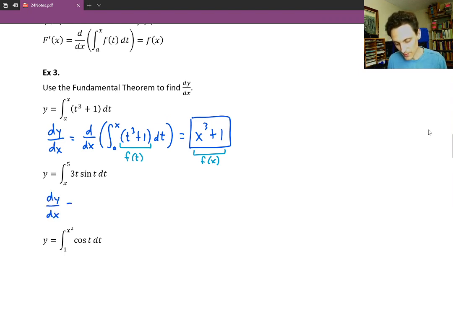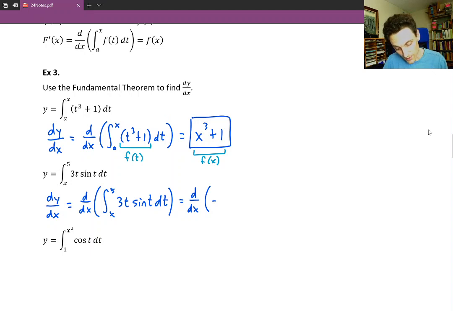So what we can do is write dy dx, which is the derivative of the integral from x to 5 of 3t sine t dt. Again, we can't use the Fundamental Theorem of Calculus just yet, but we can use it after we flip the limits of integration, 5 to x, and then flip the sign. But instead of putting the negative sign right here in front of the integral, I'm going to take it out and put it in front of the derivative.